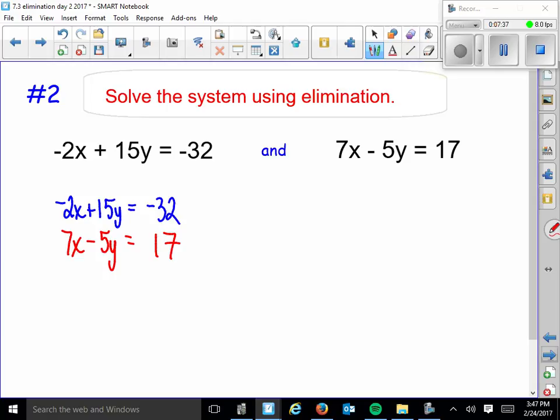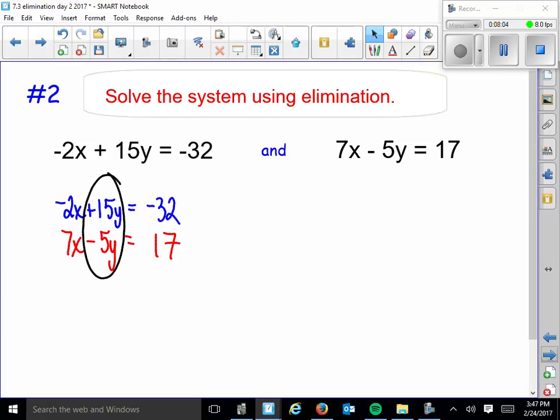As I take a look at the x terms and their coefficients, the smallest value that both negative 2 and 7 would divide into is 14, but that would require multiplying both the top and the bottom equation. So before I do that, I want to look at the y's.